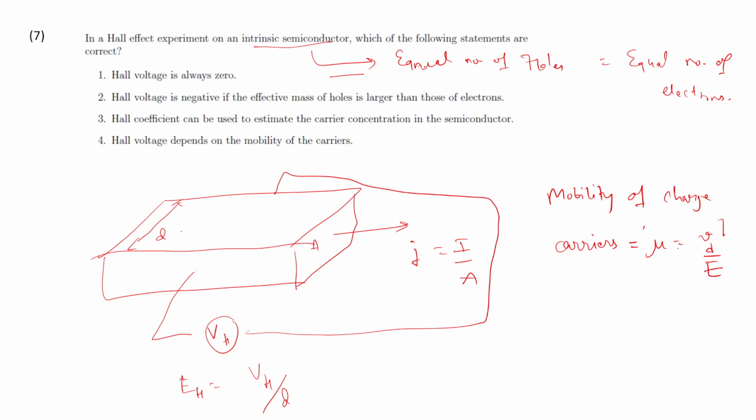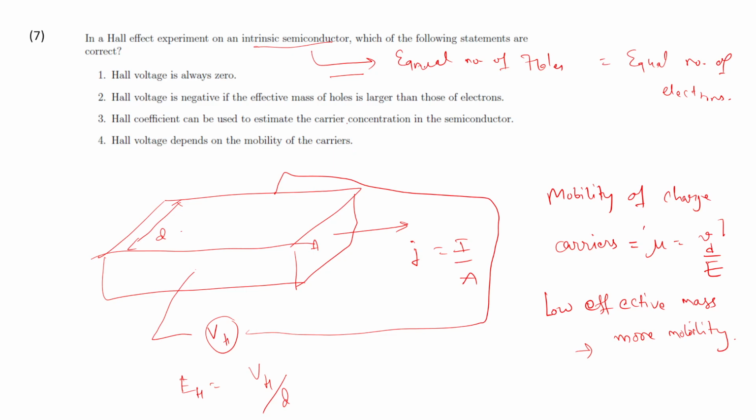You can intuitively imagine that a low effective mass means more mobility. So the statement that the Hall voltage is always zero is not true.